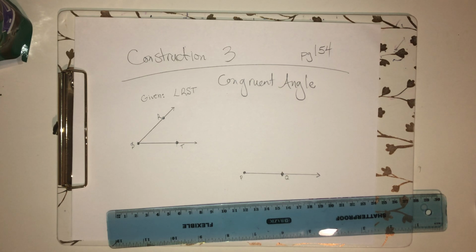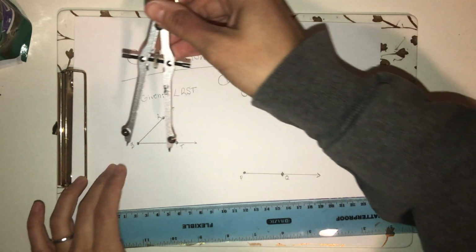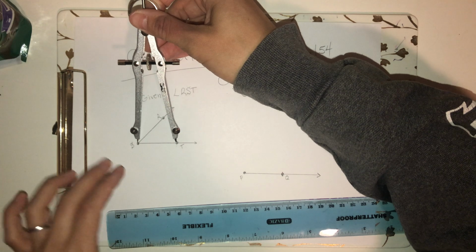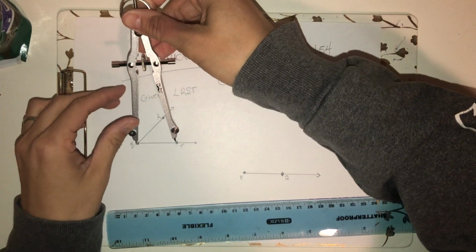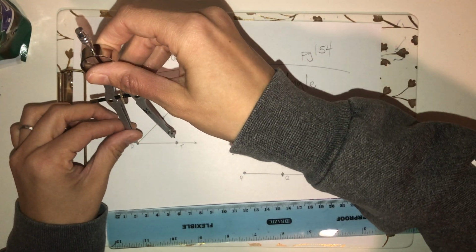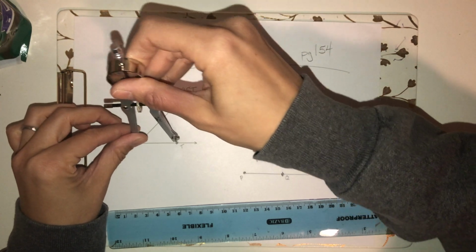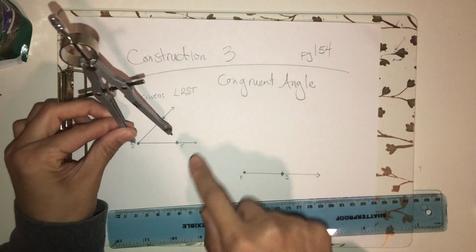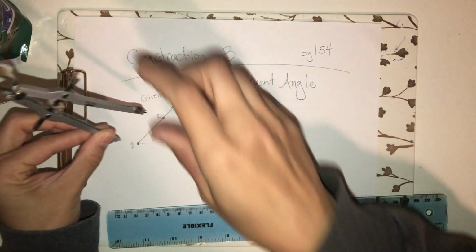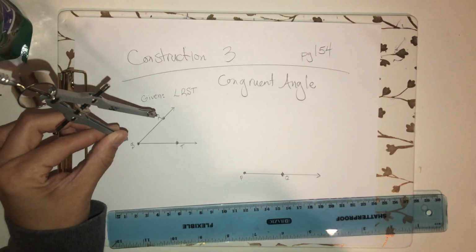The construction technically is, with a compass, mark an arc to intersect both sides of angle RST at points G and H. So we can either use this distance here and make an arc in such a way that we go through ray ST and then swing it all the way up to go through ray SR as well.